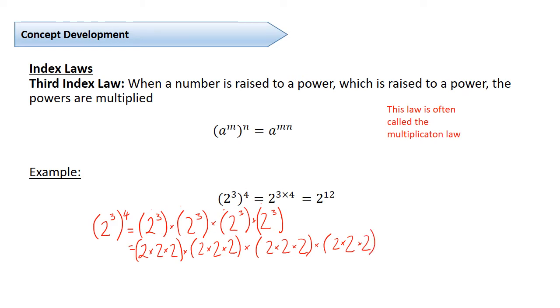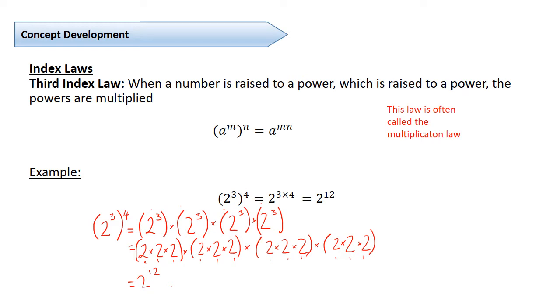But let's have a look at how many 2s we have. 1, 2, 3, 4, 5, 6, 7, 8, 9, 10, 11, 12. Wow, so I can write this as 2 to the power of 12. That is exactly what we got by just using the law.